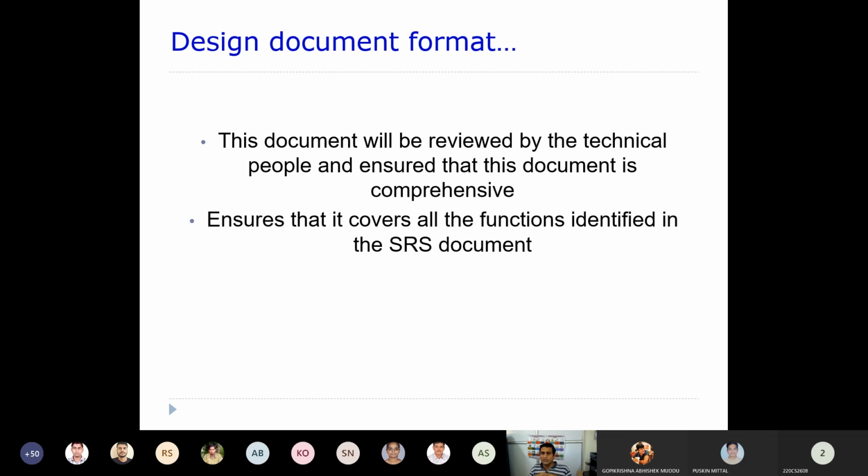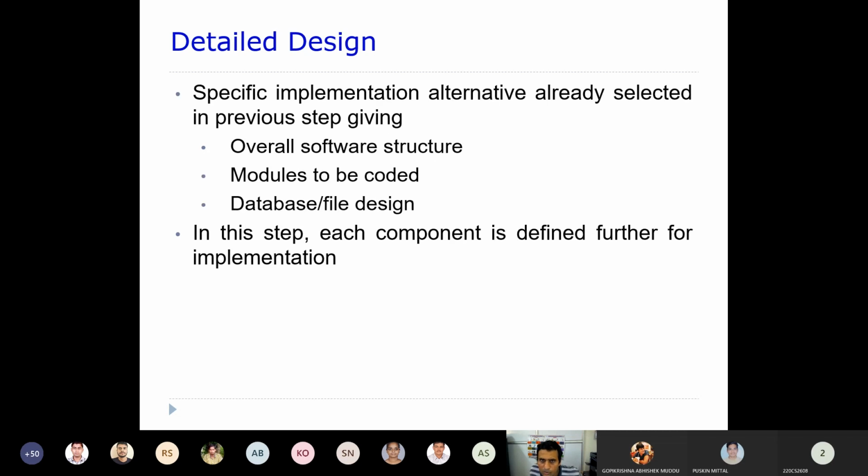Ensure that it covers all functions identified in the SRS document. As I said, it should cover all the functionalities or requirements that are defined in the SRS document. All of these modules are going to meet all the requirements that are in the SRS. And now you have a detailed design.